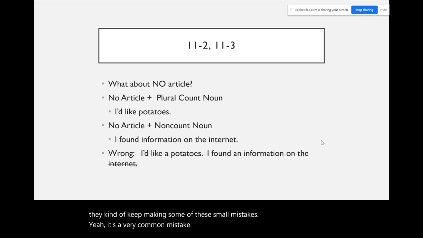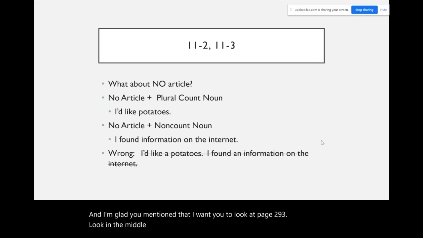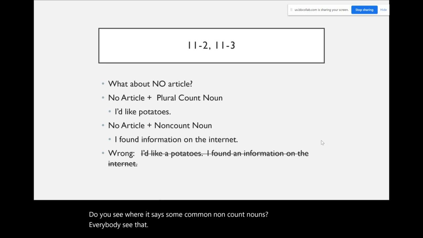All right. And I'm glad you mentioned that. I want you to look at page 293. Look in the middle of the page. You see where it says some common non-count nouns. Everybody see that? Yes. And you can see there advice and information. So advice is another one that a lot of people make mistakes with.